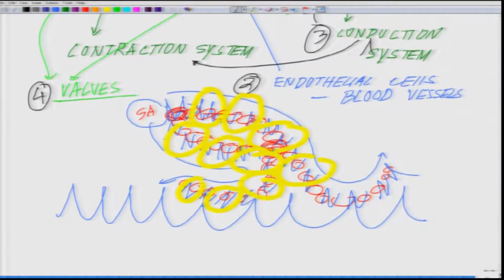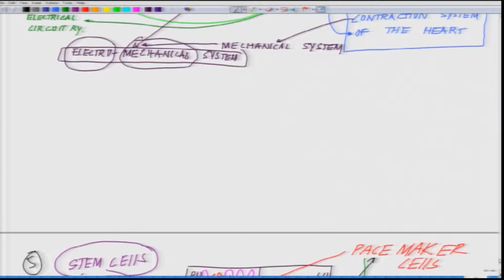Whatever changes are happening there. Now because of this induction effect, the contraction system, which constitutes the cardiac myocytes, if these are the conduction system, this leads to an induction effect.